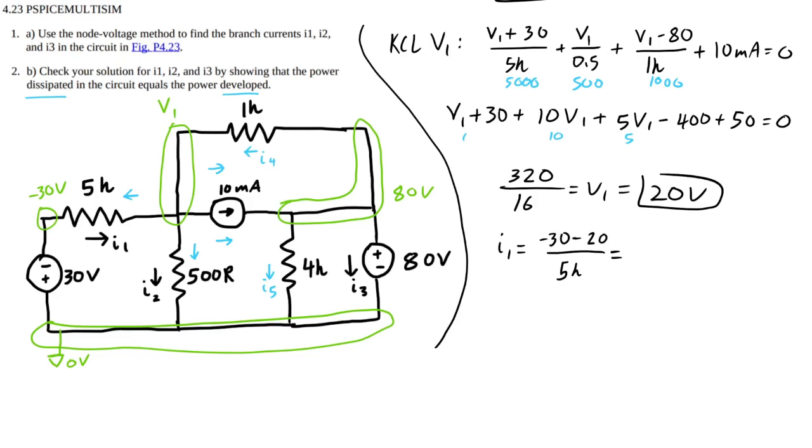So minus 50 over 5K, I believe it's minus 10 milliamps. I2 is going to be V1 over 1K or 500. Let me check that real quick. 20 divided by 500 is 40 milliamps.